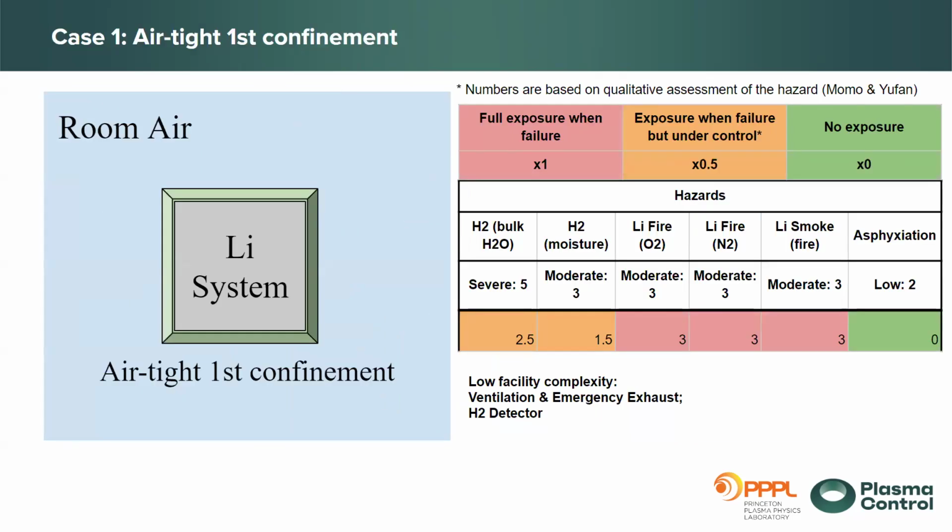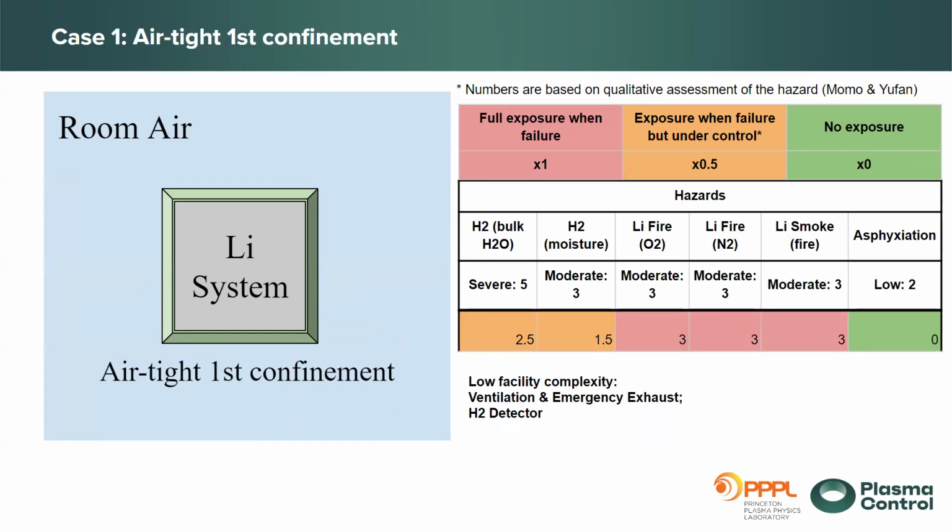The way to approach this is we listed all the hazard levels, probably taking inspiration from our ESH. What happens when you have full exposure to all these hazards, and what is the hazard level for all of this? For example, if you have room air and just one layer of confinement, right?